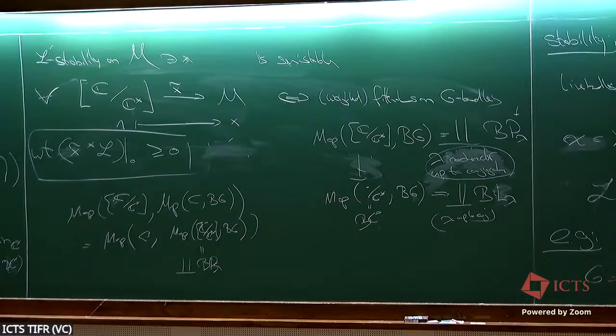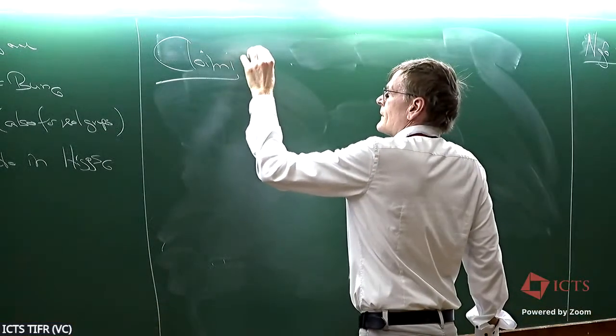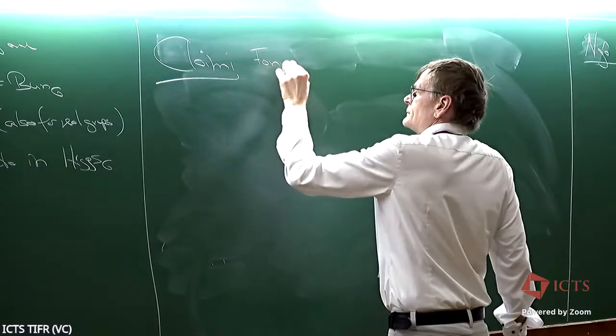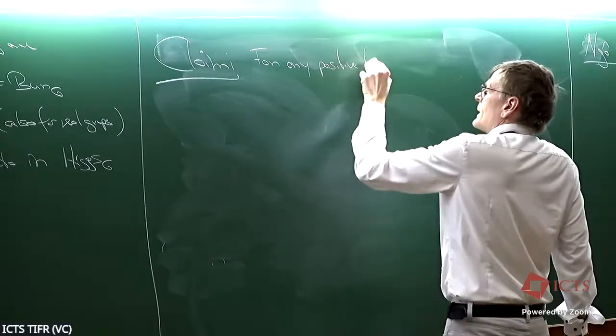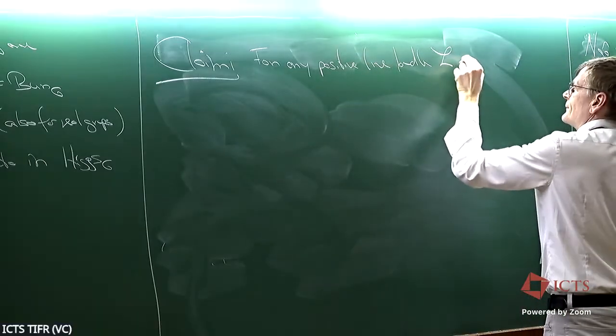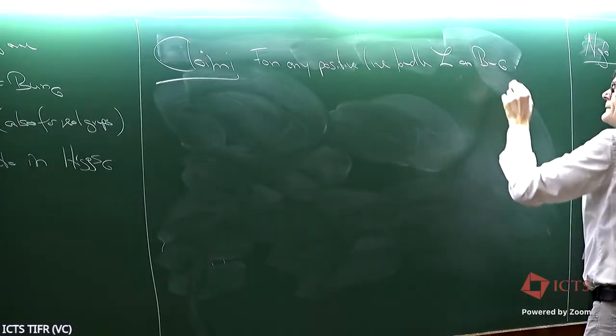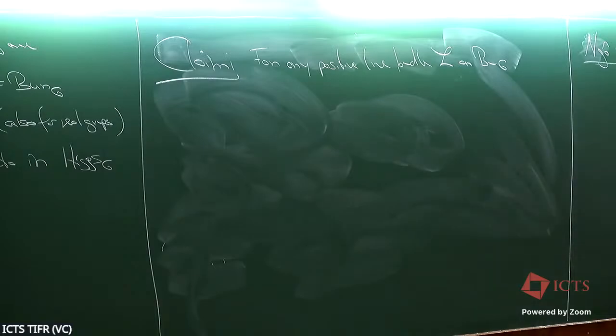So, if for any positive line bundle L on BG, I will tell you what this positive means. I take any of these line bundles L, and I will have to give you the positivity condition in a second.